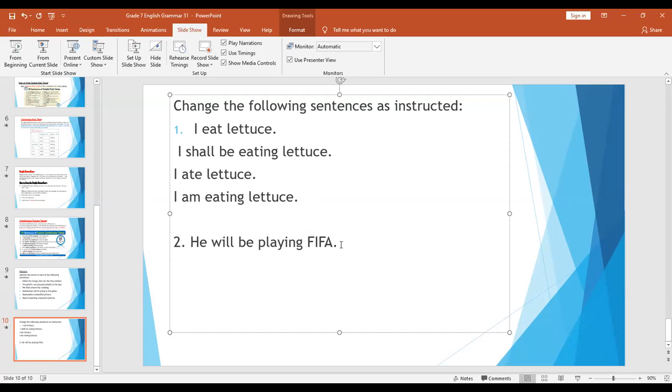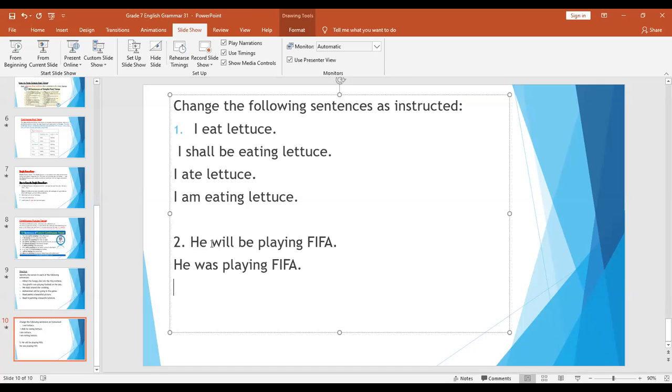Let's try and put that into the past continuous tense. I just changed this helping verb, will, and I take be out because it's not future. Okay? So let's do the past tense of this. He was playing FIFA.